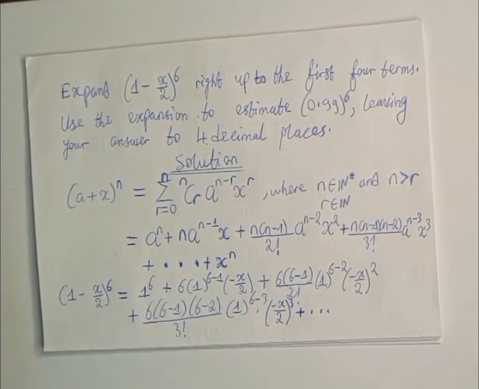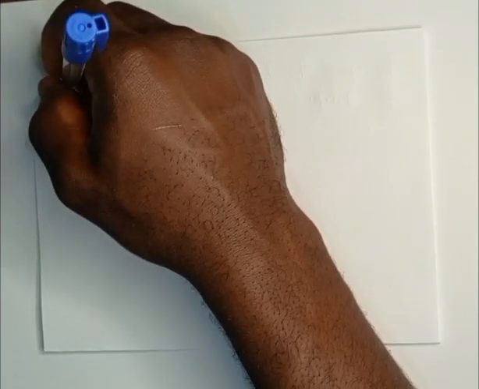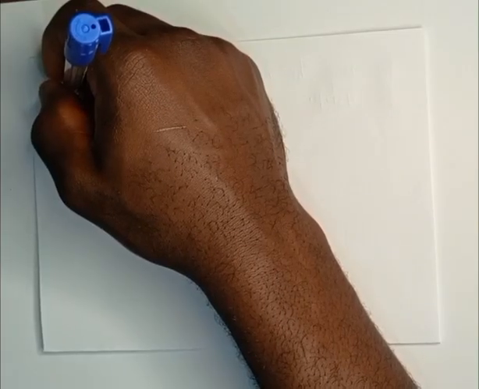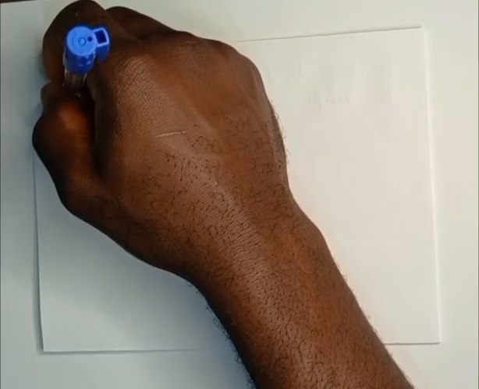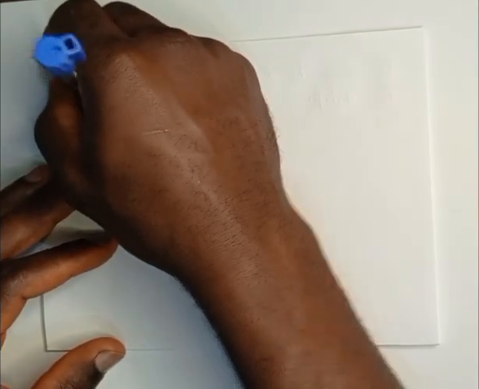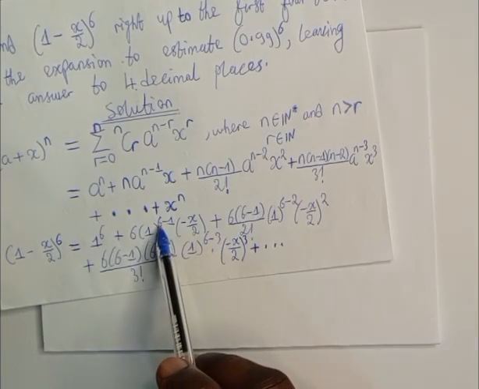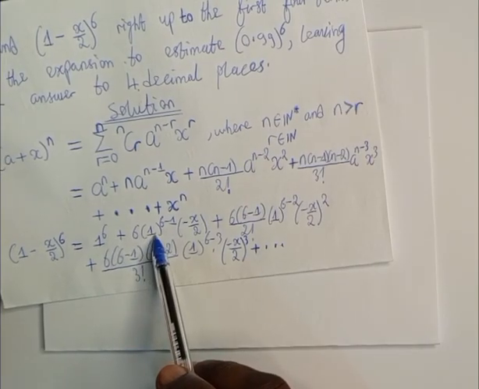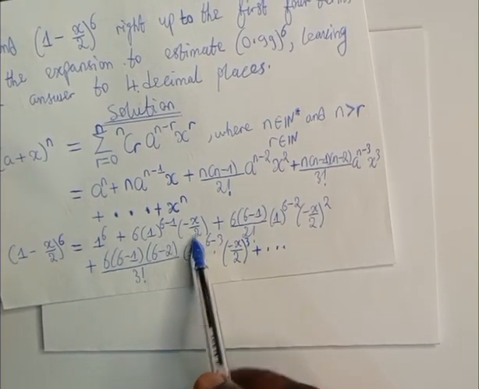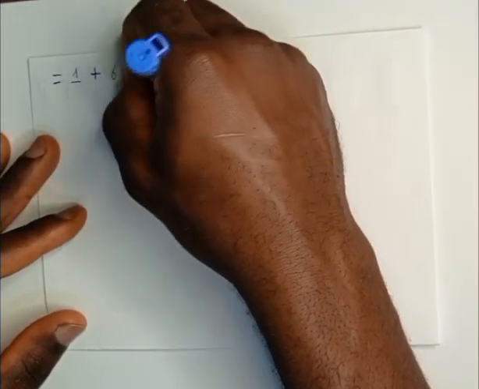Now the next thing we have to do is perform all the necessary simplifications. This will simply be equal to 1 raised to any power remains 1. 1 raised to the power 6 is simply equal to 1. This will give us 1 plus 6 times negative x on 2.